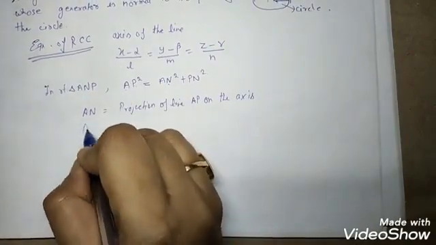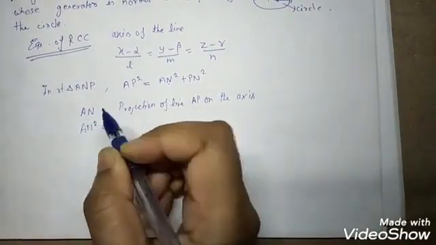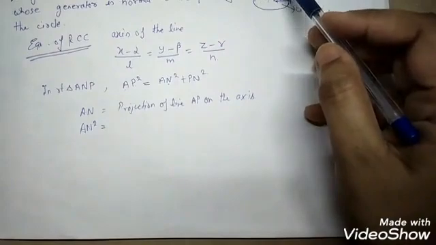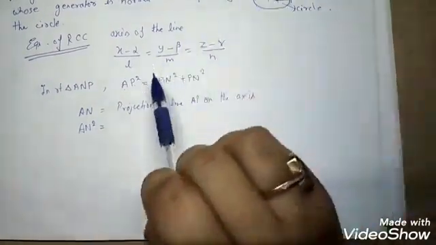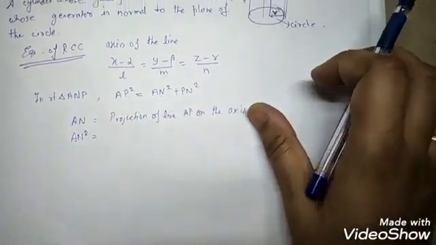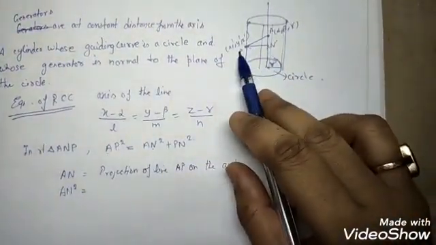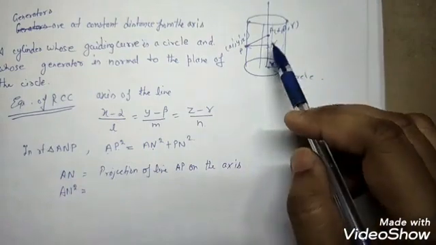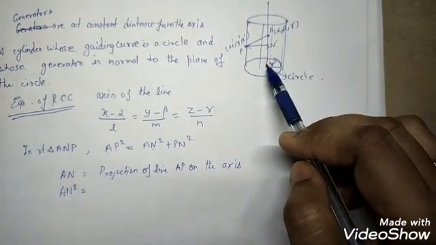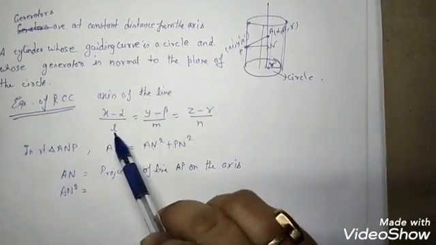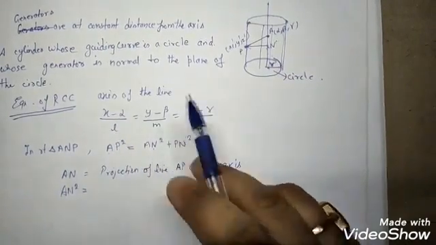So AN square is the square of the projection of the line joining the 2 points A and P on the axis, whose direction ratios are l, m and n.